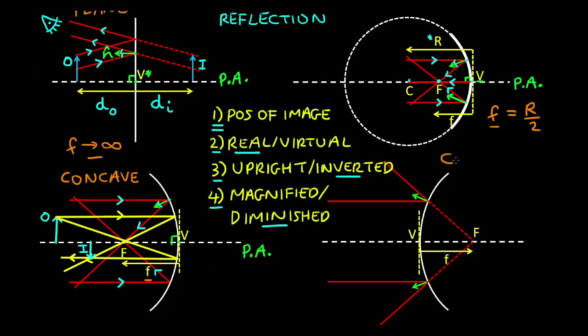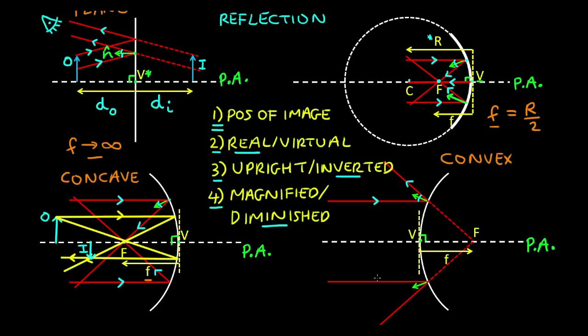And similarly for a convex parabolic mirror, we have the principal axes being perpendicular to the mirror at the vertex. So if we have an incident light ray, by the law of reflection, the reflected ray looks something like this.